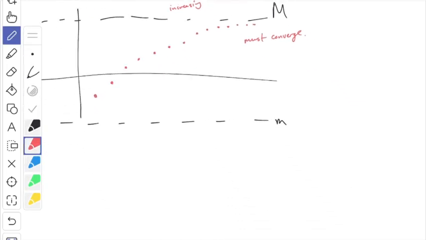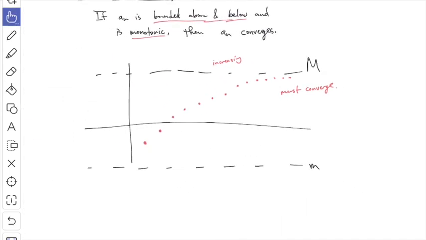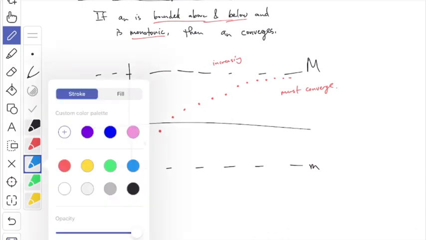Right, you definitely cannot touch the M, and you certainly can't exceed the M. Although, yeah, actually, it doesn't have to go all the way to the M, right? For example, I could have drawn, I'll make some blue points here.